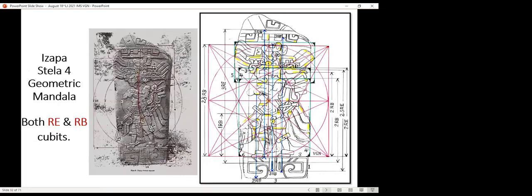Okay, we go back to Zapotec Stela 4 and its geometric mandala there, and it shows both the Egyptian and Babylonian cubits being composed to the same geometry. This is not a strange puzzling exercise.